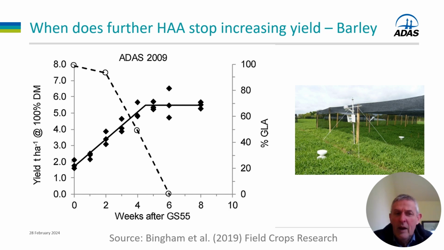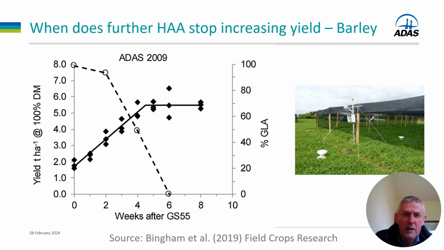And at that point of time, in a very well protected crop, we would typically have about half of the canopy still green. So if we look at the dotted line, which is green leaf area, we've got about 50% of the canopy green still, but beyond that point, it's not actually adding to yield.